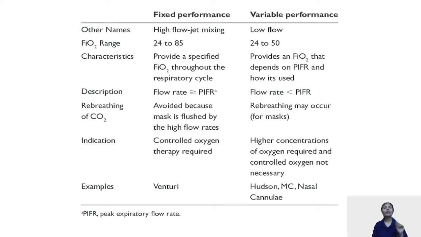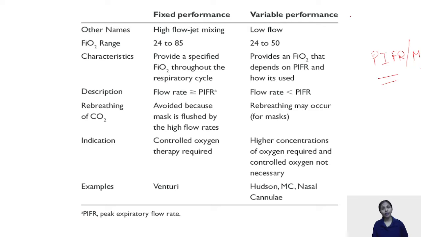Characteristics are rebreathing. In fixed performance, there is a very high flow of your gases. The fresh gas flows that you give are very high. That is the main reason why it is independent of the patient's characteristics. Please understand one thing. We have a peak inspiratory flow rate, or you can say mean inspiratory flow rate. During our respiratory cycle, we have a peak inspiratory flow rate.